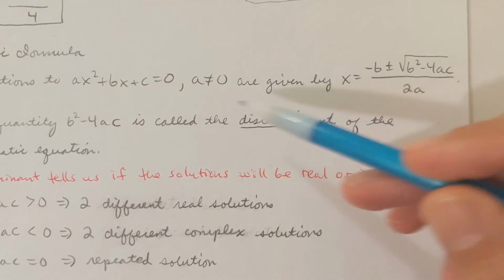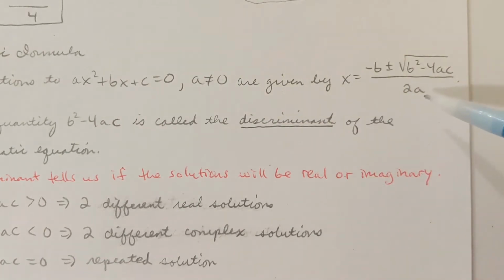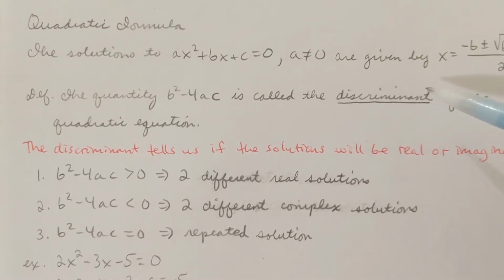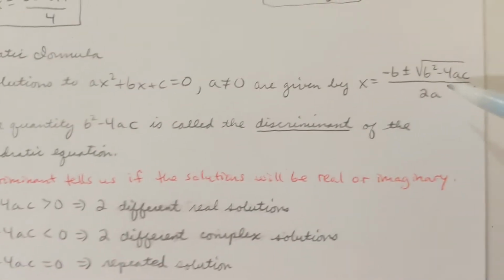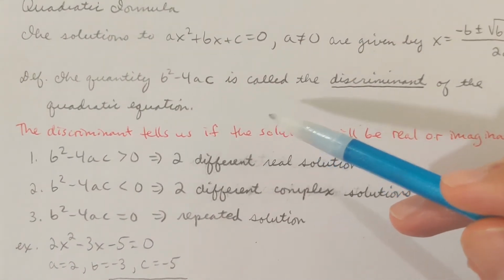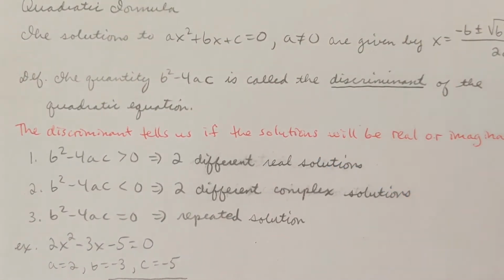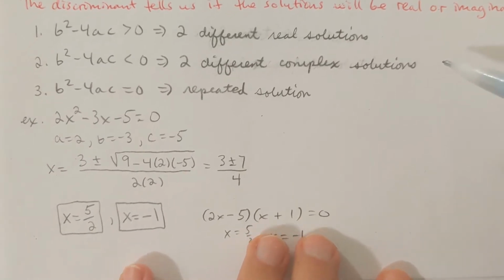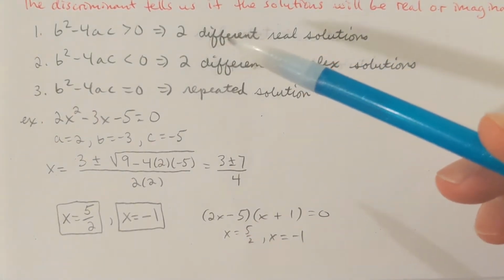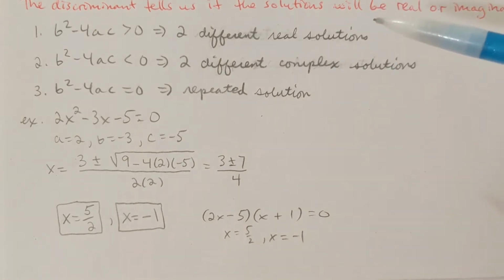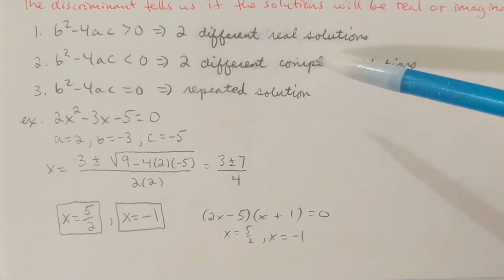By the way, here's one reason why a can't be 0, because I can't divide by 0. The quantity b squared minus 4ac, which is underneath the radical, is called the discriminant of the quadratic equation. And the discriminant is kind of important because it tells us if the solutions are going to be real or imaginary. Item 1, if b squared minus 4ac is some positive number, then you're going to have 2 different real solutions.